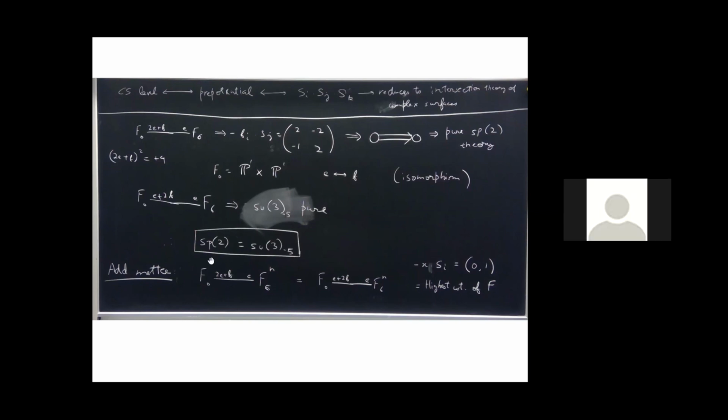Can you clarify exactly what you mean by a duality here? So I mean that if these have a UV completion, and in this case there is a UV completion to a 5D SCFT, then there exist two different mass deformations of this 5D SCFT. Having one mass deformation leads you to a pure SU3 non-abelian gauge theory, and turning on the other mass deformation leads you to a pure SP2 non-abelian gauge theory.